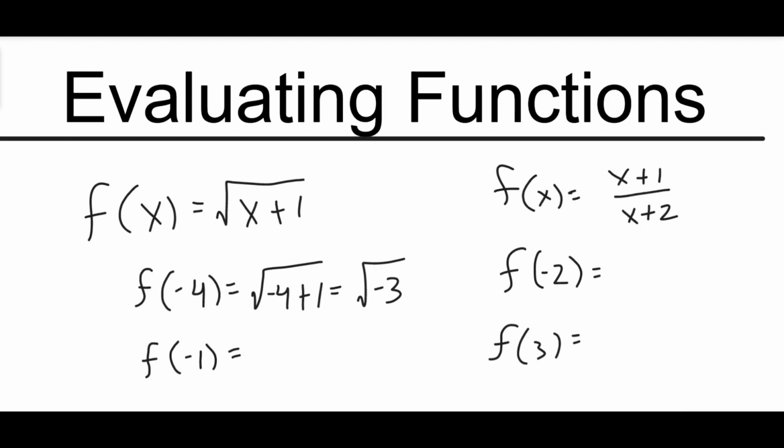Now, this is not allowed because you cannot take the square root of a negative number and get a real number. Because if you multiply two positive numbers, you will get a positive number, and if you multiply two negative numbers, you will get a positive number. So there are no two numbers that are the same that can multiply to get a negative number. This would be an imaginary number, but it is not a real number.